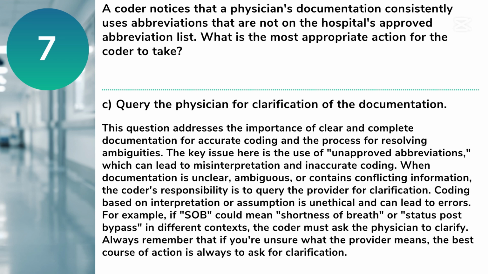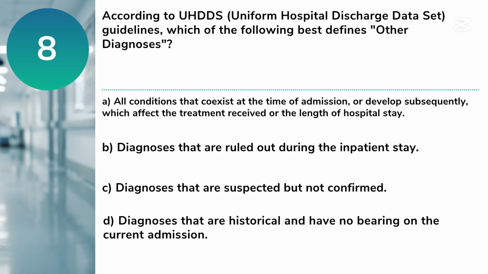Coding based on interpretation or assumption is unethical and can lead to errors. For example, if SOB could mean shortness of breath or status post-bypass in different contexts, the coder must ask the physician to clarify. Always remember that if you're unsure what the provider means, the best course of action is always to ask for clarification.